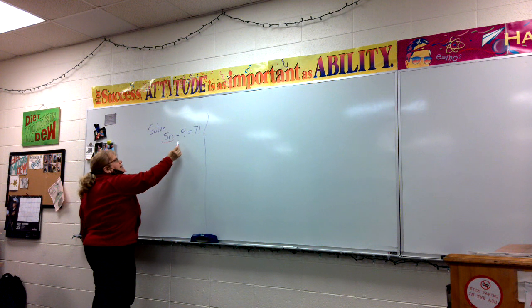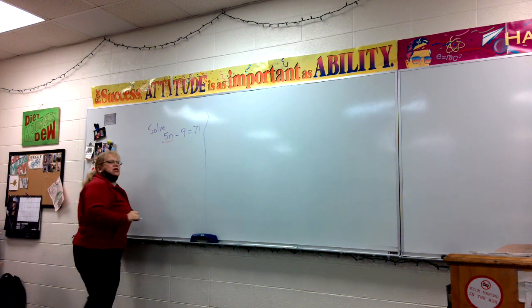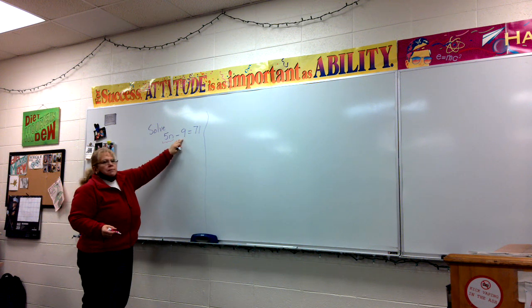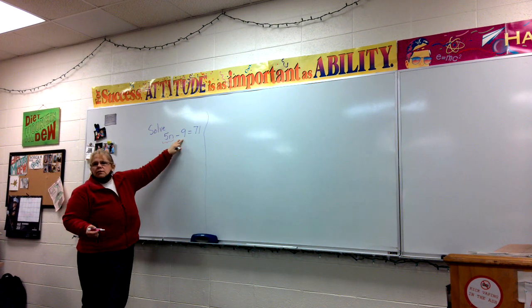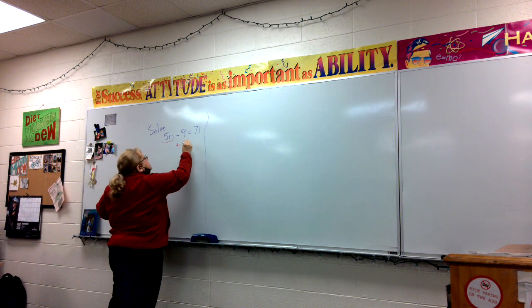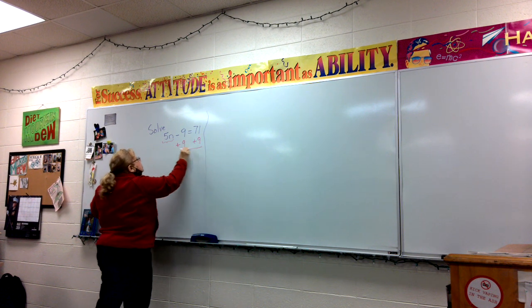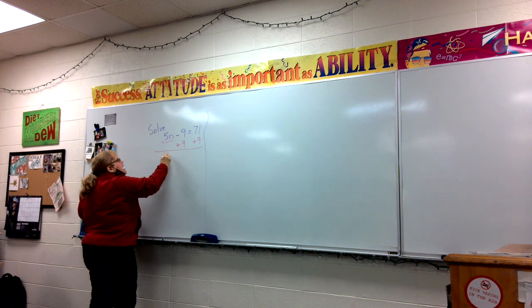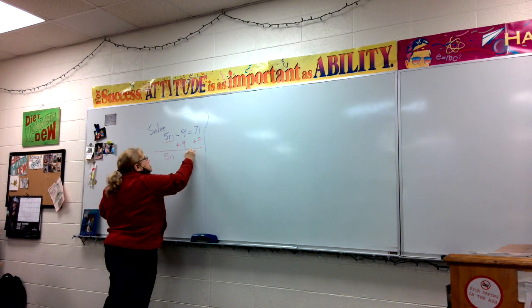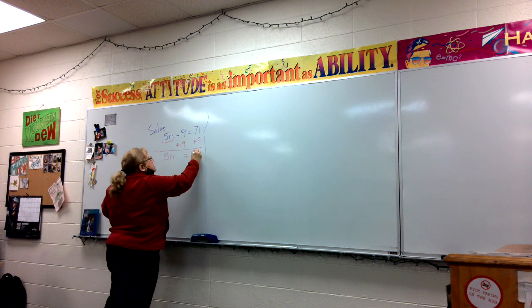If there's anything with that letter term, you want to get rid of that first. So how would I get rid of a minus 9? Plus 9. So plus 9, and I have 5n equals what?